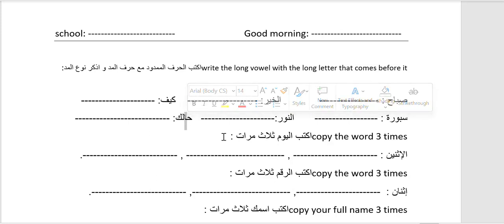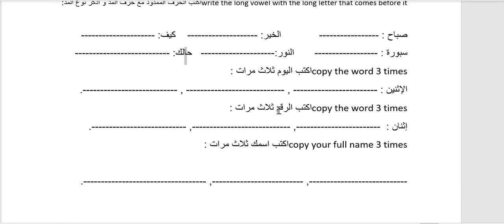Now here you have to copy this day three times, and you can write the meaning in English over here, or you can copy it twice and write the meaning in English. Last class, we learned how to say al-ahad, which is Sunday.